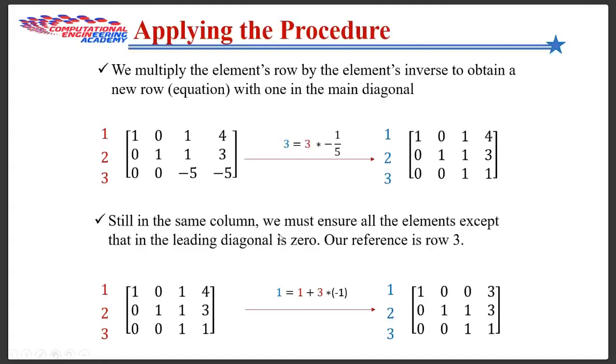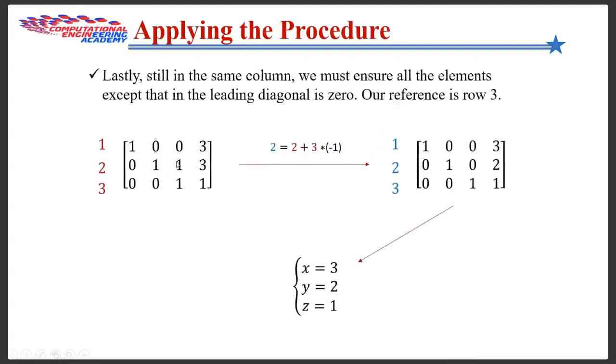So finally we will obtain this, to eliminate this last one, and then we'll have our identity matrix right here and our solution 3, 2, 1, which we can then revert back to the equation.